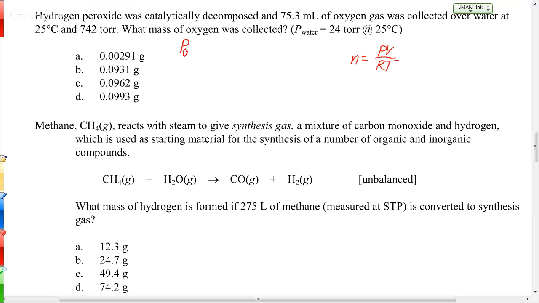So the pressure of oxygen is going to be the total pressure, 742 torr, minus the pressure of water, 24. And that's going to be 728.